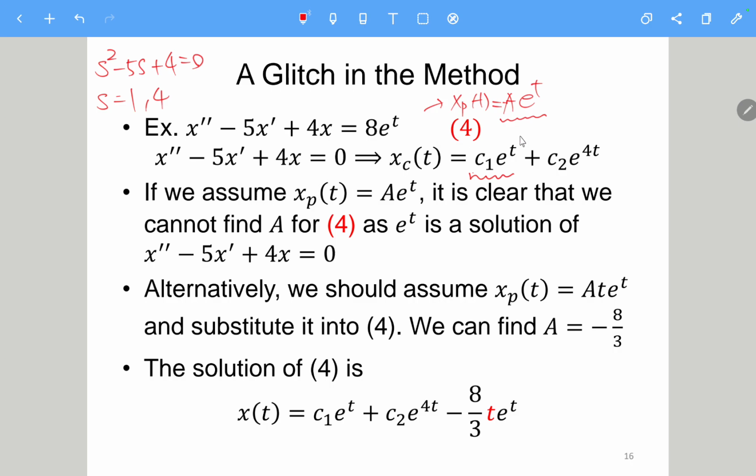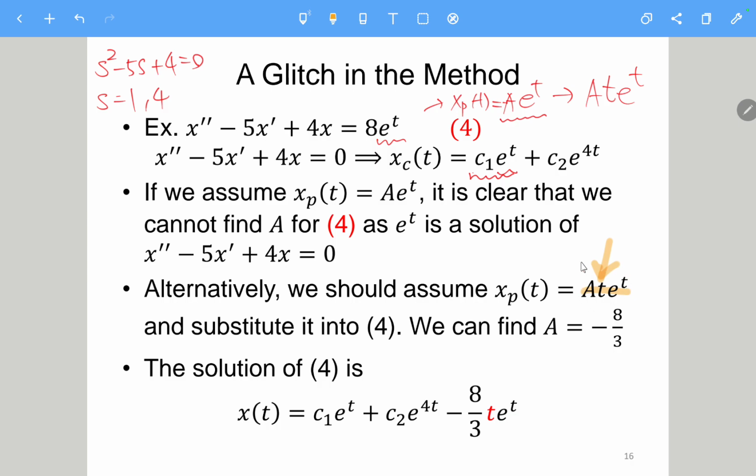Here I tell you what we need to do next. If we find that this exponential and this exponential are the same, then for the particular solution we should change it to a times t times exponential t. We need this t.